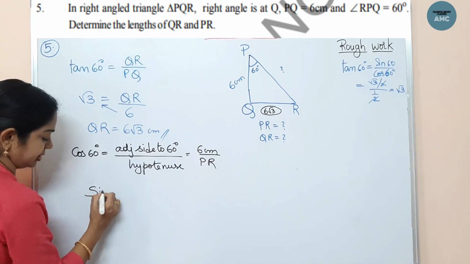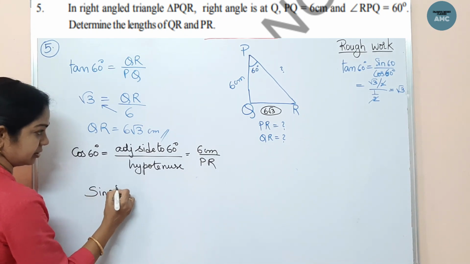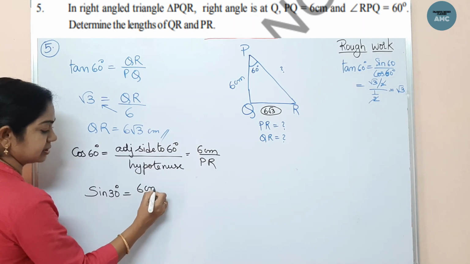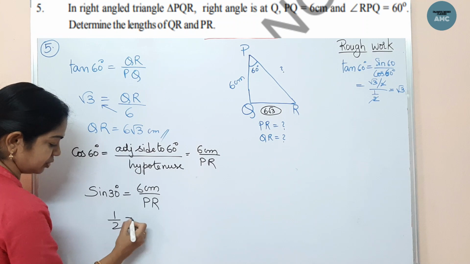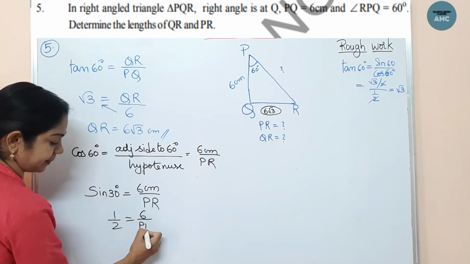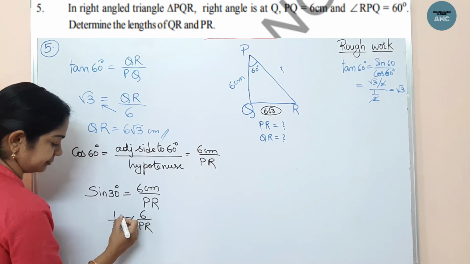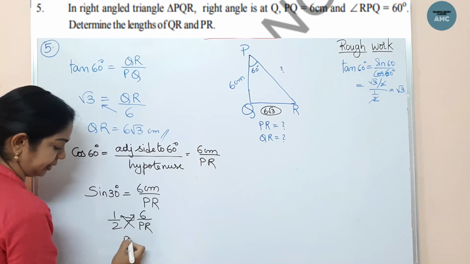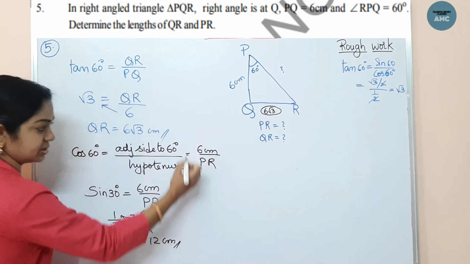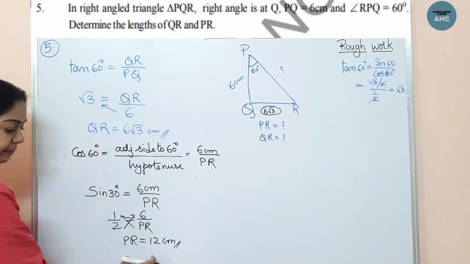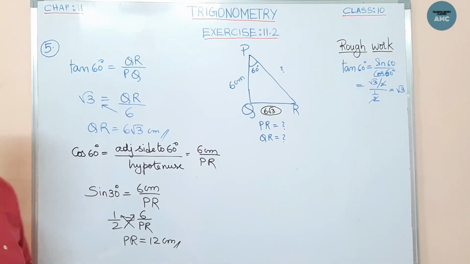So, sine 30 degrees is 6 centimeters by PR. Sine 30 is 1 by 2. Just cross multiply, and PR is equal to 12 centimeters. So we were asked to find out QR and PR. Quickly pause and note it down, students.